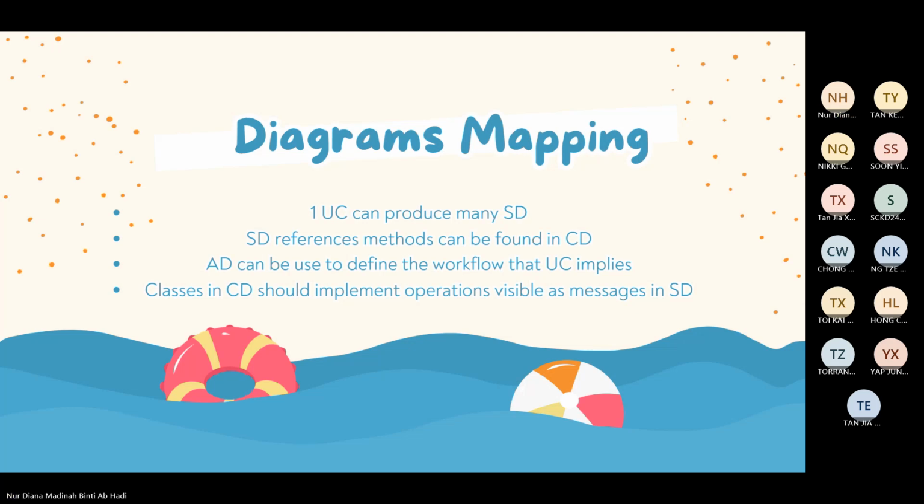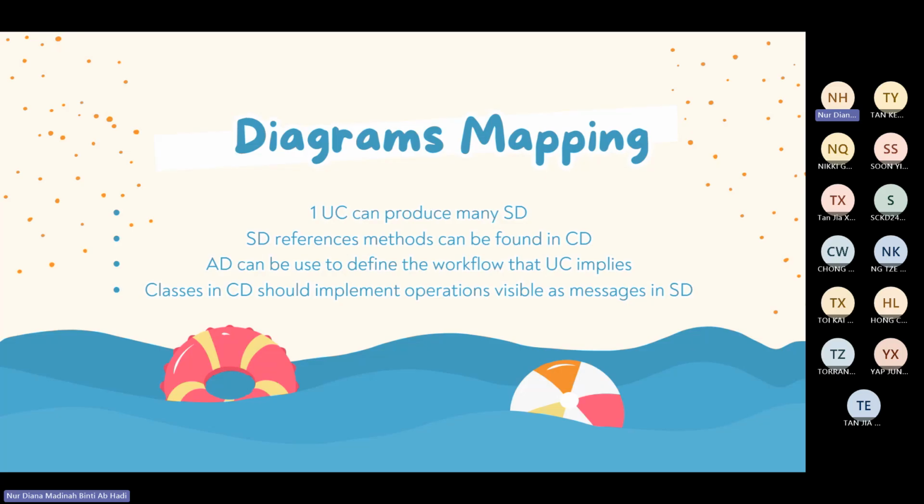Why? Because inside your sequence diagram, you have your methods, right? Where are your methods located inside your class diagram? At the last component, right? The first one is your class name. The second one is your attribute. The last one is your method. So that is why it is relatable.